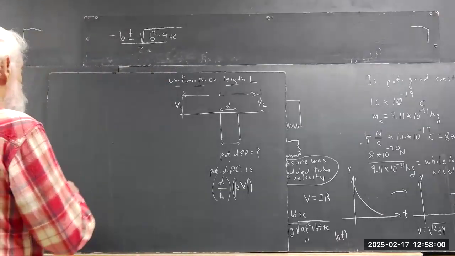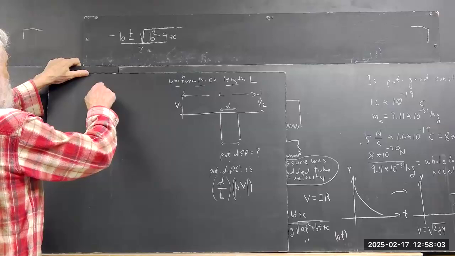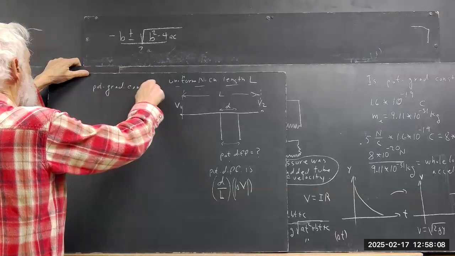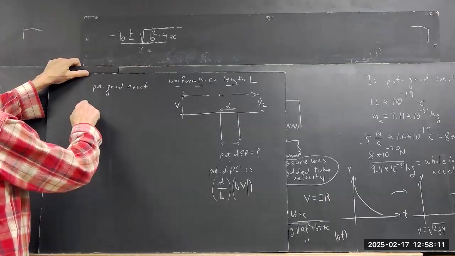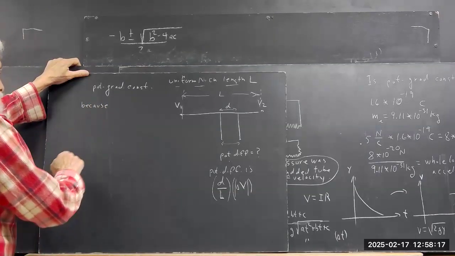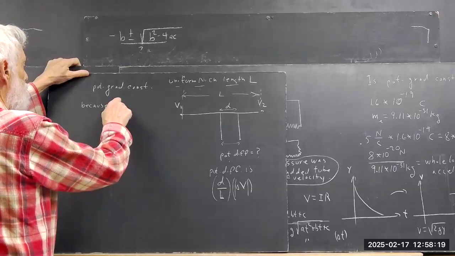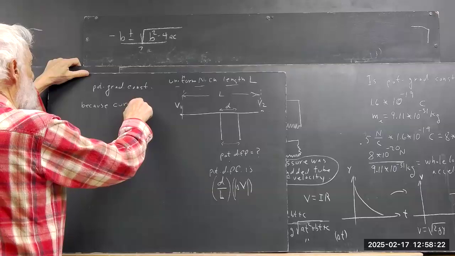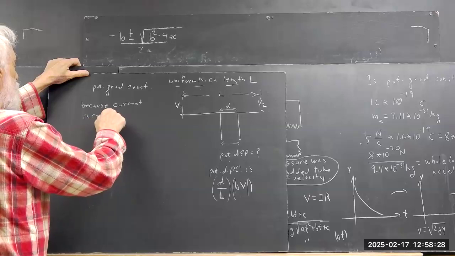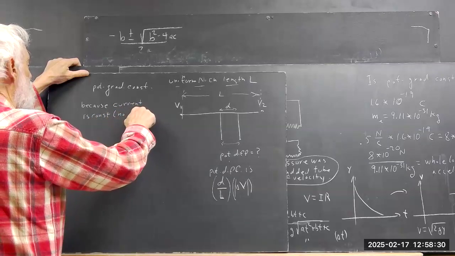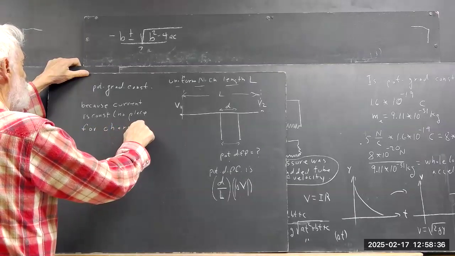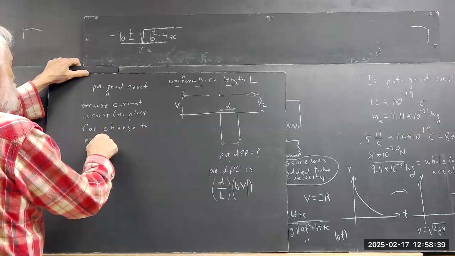Well, potential gradient is constant because current is constant, no place for charge to accumulate.